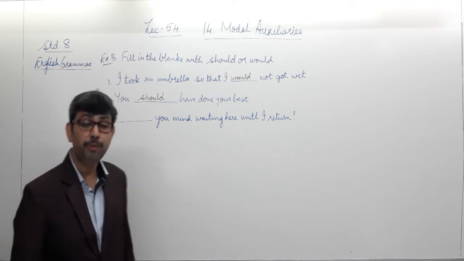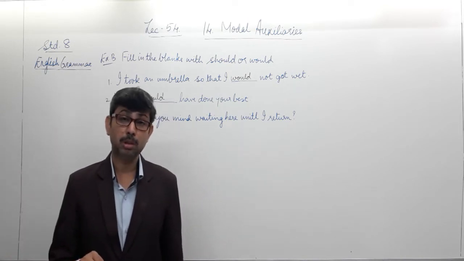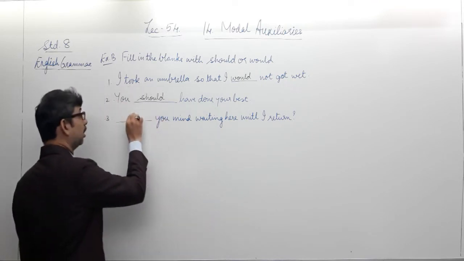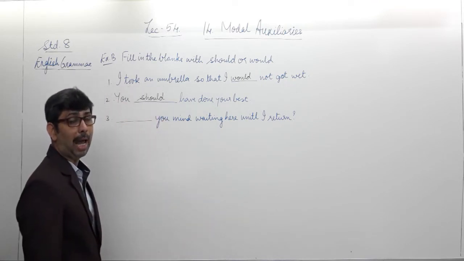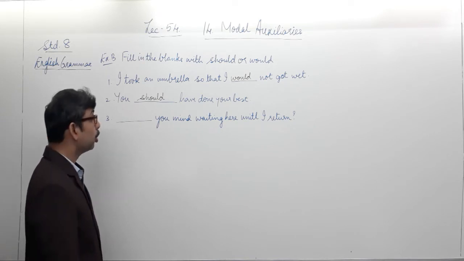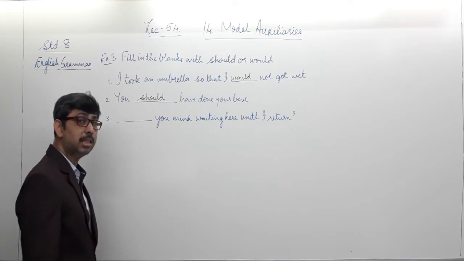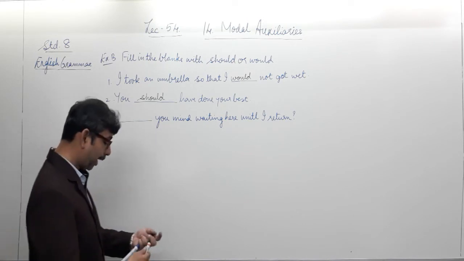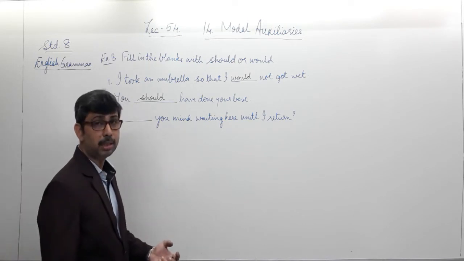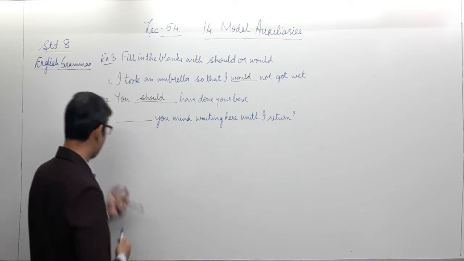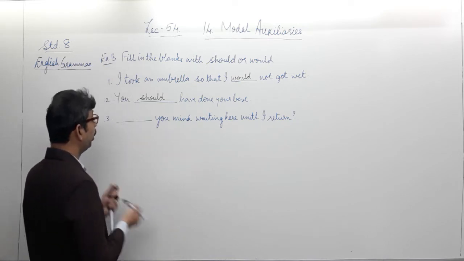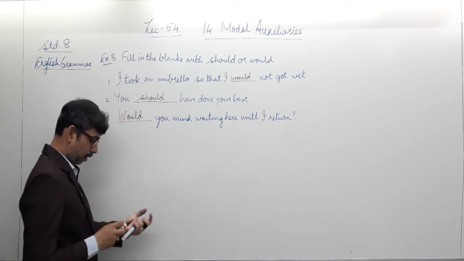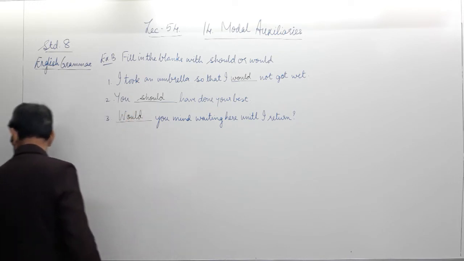So you're trying to know the wish of someone, whether the person would be waiting till you are back. So we will have to insert the word would and not should. We cannot say should you mind. You are not asking someone to mind. You are trying to know the wish of the person, or trying to find out whether the person is ready to wait or not. Well, so the answer would be would you mind. Let's insert the word would, the auxiliary verb.